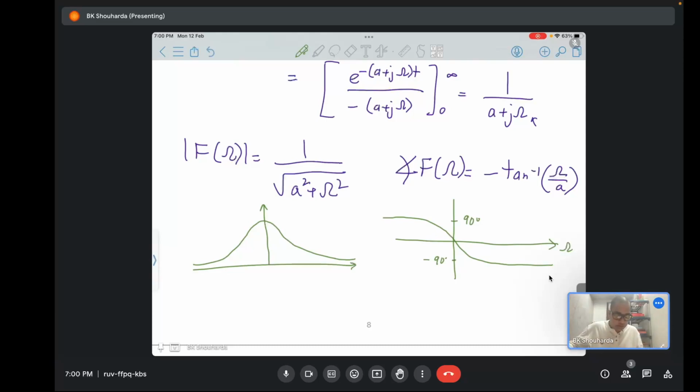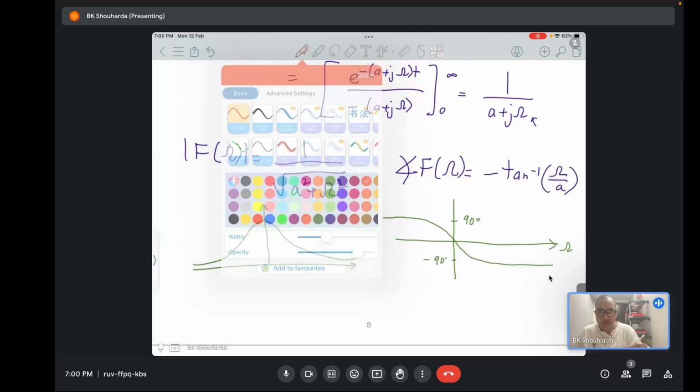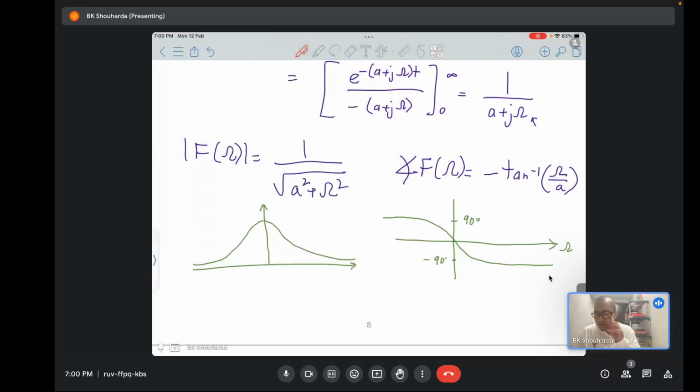Okay, so you see that this signal also has low frequency contents, and high frequency contents are becoming lesser and lesser in this. So you see these are the low frequency components present which have a higher presence.